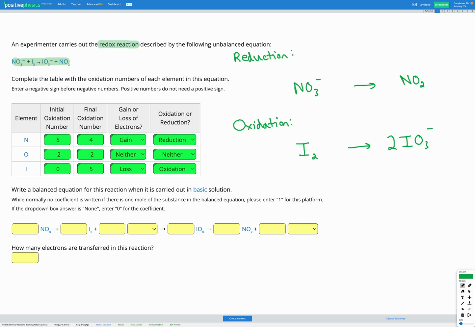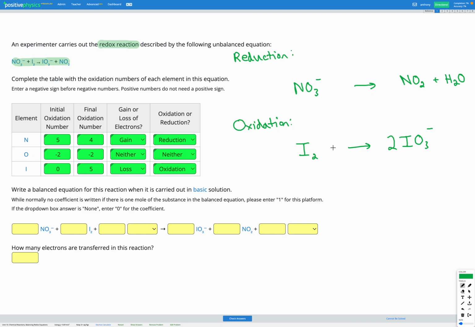Our next step is to balance the oxygens by adding H2O. So in our first equation for reduction, we have 3 oxygens on the left and 2 on the right. So we need some more oxygens on the right. So I'm going to add H2O on the right-hand side of my equation there. Now I've got 3 oxygens on the left and 1, 2, 3 on the right.